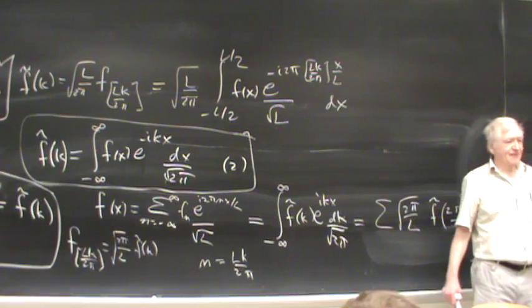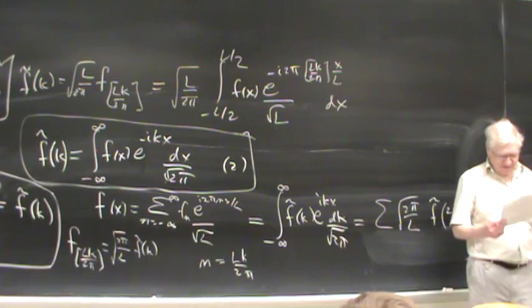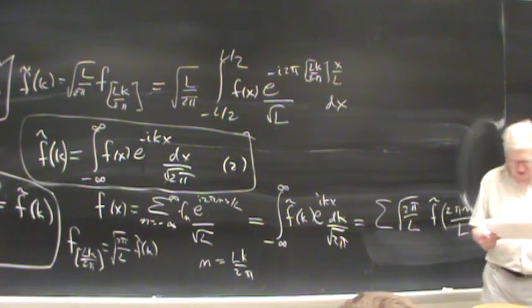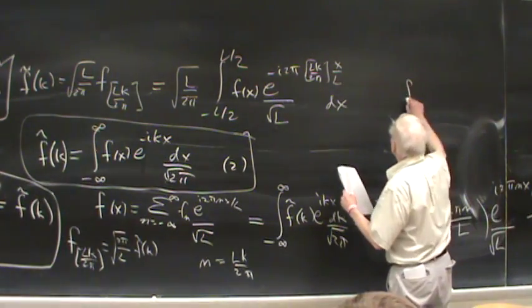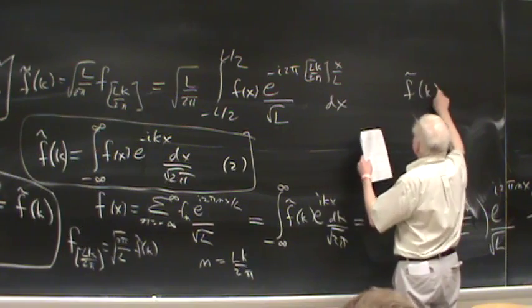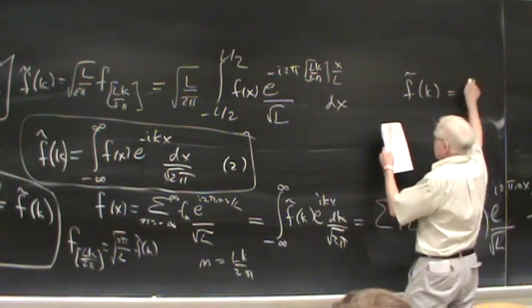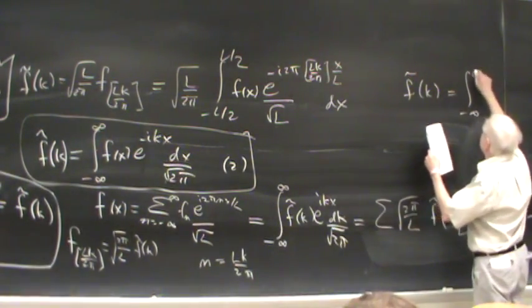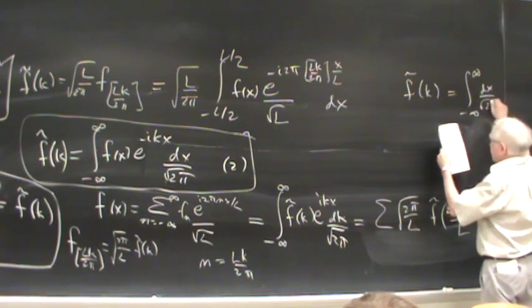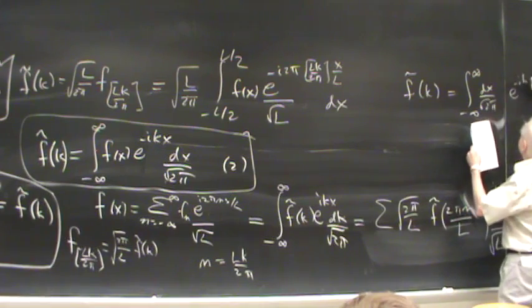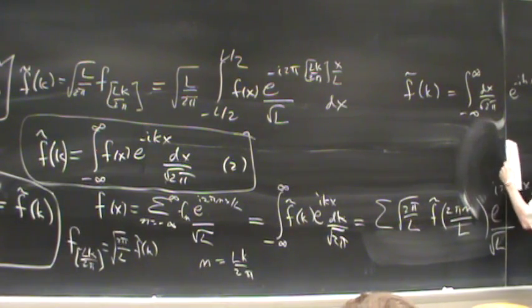So let me just assume a certain complex variable result. But first, let's start out computing the Fourier transform of a Gaussian. This will be the integral from minus infinity to plus infinity dx over root 2 pi e to the minus i kx minus m squared x squared.